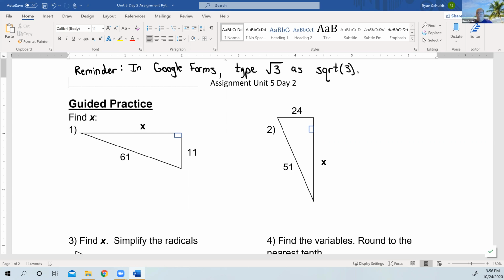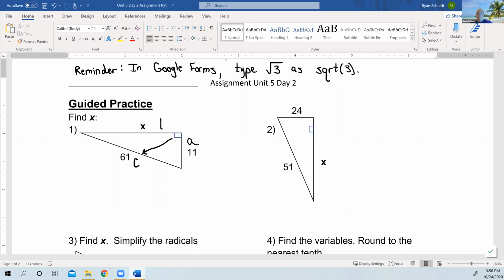Okay, well, they ask us to find x. So let's see, this is going to be our hypotenuse. The one across from the right angle is always your hypotenuse.